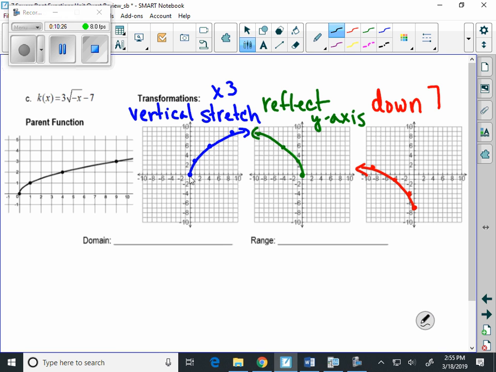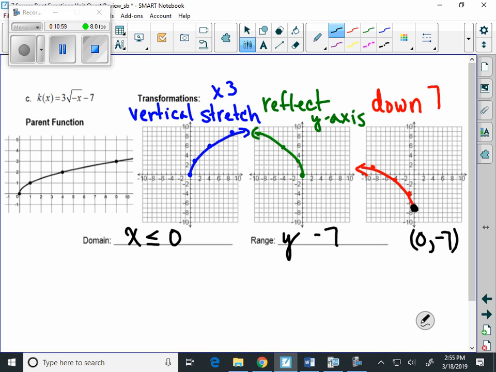Once again, the point that I want to point out is this black point here, which is (0, -7), because I'm going to write the domain and range in set notation before I put it in interval notation. So domain are the x's, range are the y's. Our x value in the ordered pair is 0, and our y value is -7. Compared to the black point, we're going left of that black point, so we're going to have less than or equal to.